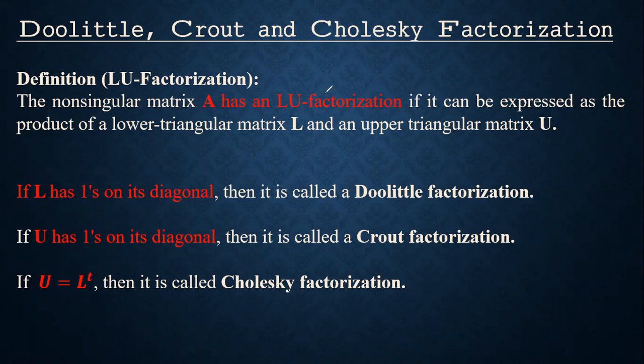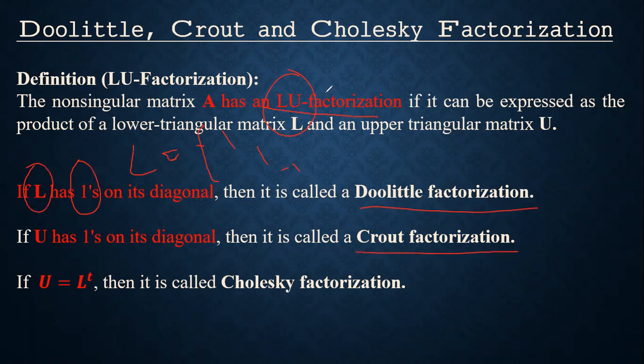For the LU decomposition method, you must have L and U. That is clear from the name. But in the Doolittle method, you will take L, the lower triangular matrix, and 1, 1, 1 should be in the diagonal.